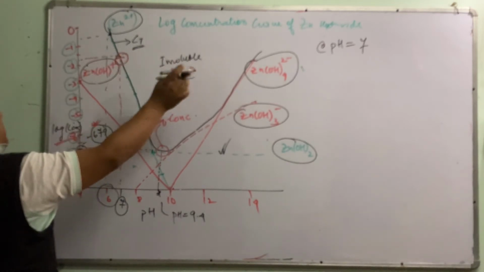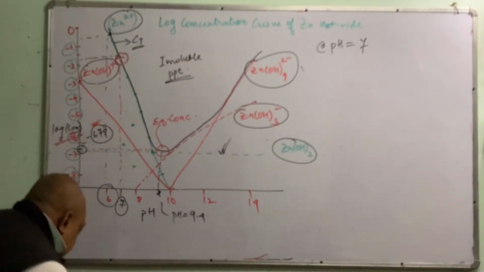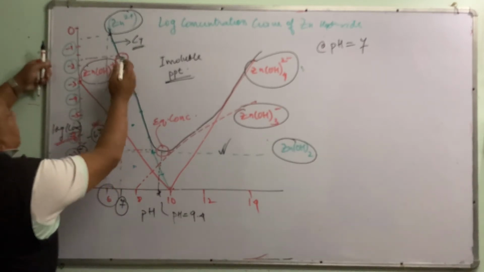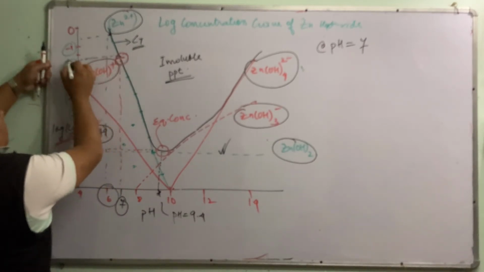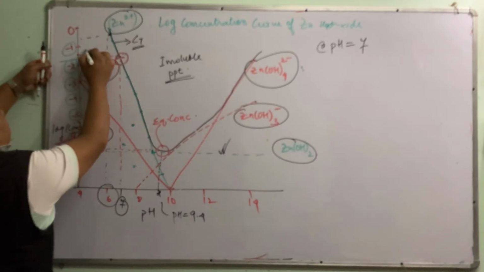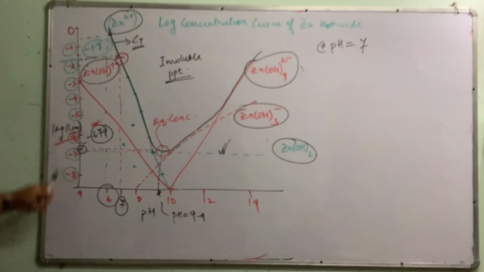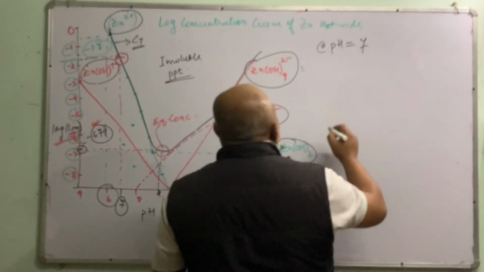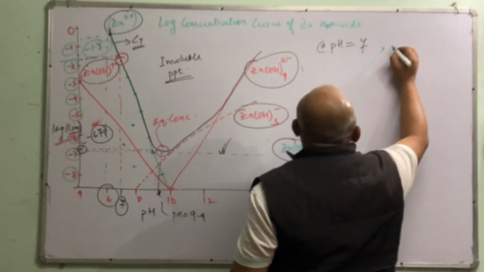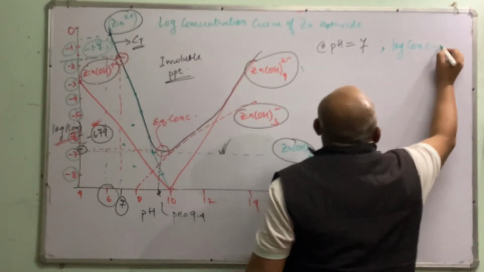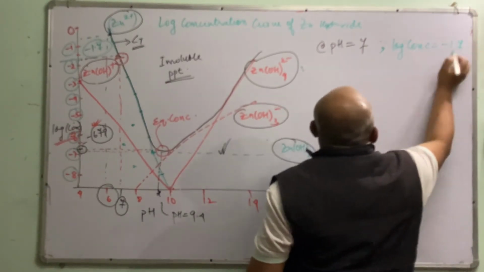I don't know if it is exactly correct because my graph is not very accurate. So at pH 7, say for example, this is minus 1.7. At pH 7, the log concentration is equal to minus 1.7.